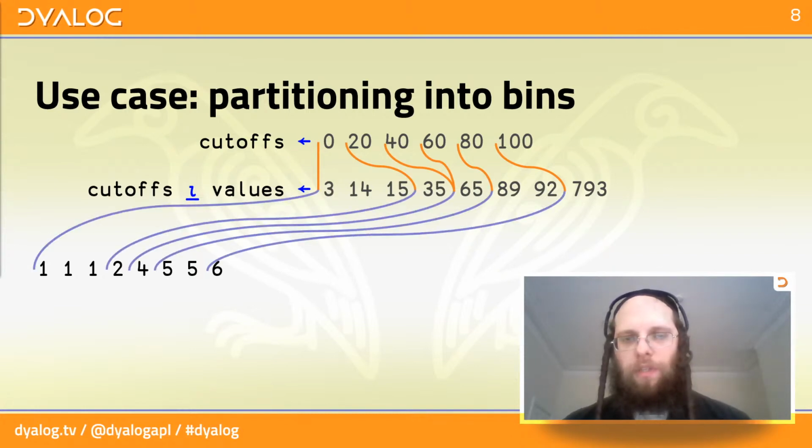So we can see the ones say that these 3 numbers, 3, 14, and 15, belong in interval number 1, and 35 belongs in interval number 2. There are no numbers that belong in interval number 3, and so on.